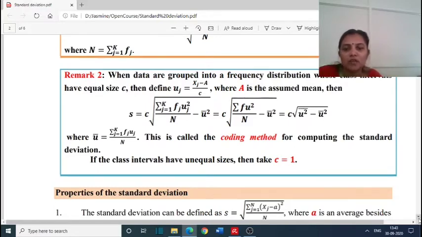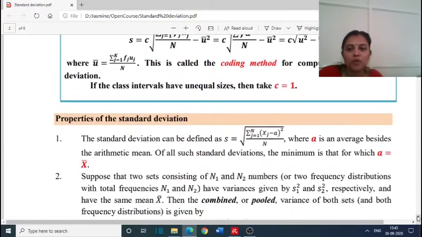Then s is equal to c into the square root of sigma j equal to 1 to k fj uj square by n minus u bar square, which is equal to c into the square root of sigma f u square by n minus u bar square, also equal to c into the square root of u square whole bar minus u bar square, where u bar is equal to sigma fj uj by n. This is the coding method for computing the standard deviation. If the class intervals have unequal sizes, then take c equal to 1.